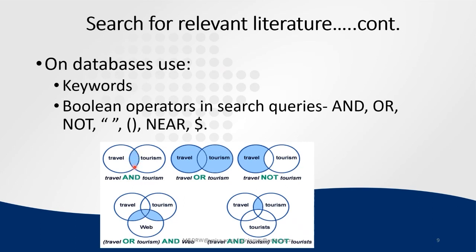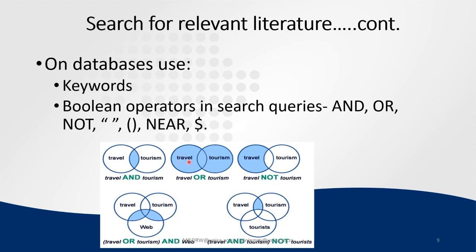I hope you are able to follow with my highlight there, my red dot. You'll get results that are linked. The results that you get, they will have both travel and tourism. But then when you type the words travel OR tourism, the results you'll get are results that are in this union, results of this union.